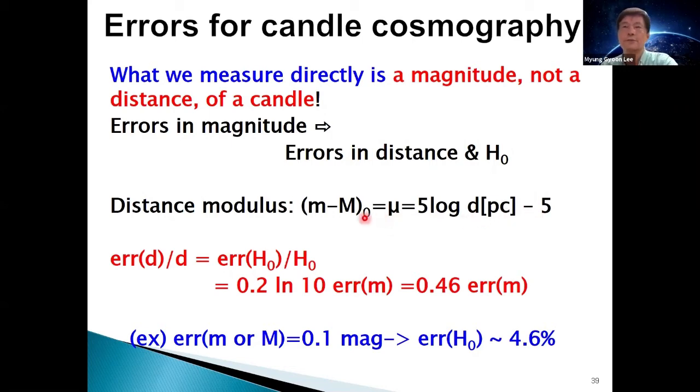From this, you can derive the relation between the fractional error of distance, the fractional error of H0, and the error of magnitude. So if you have an error of 0.1 magnitude for supernovae or candles, then the corresponding error of H0 will be around 5%. So you have to keep that in mind.